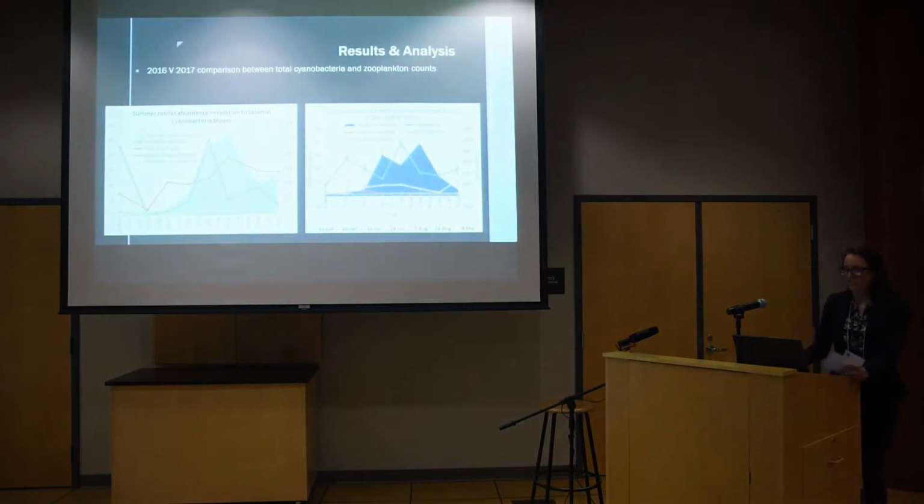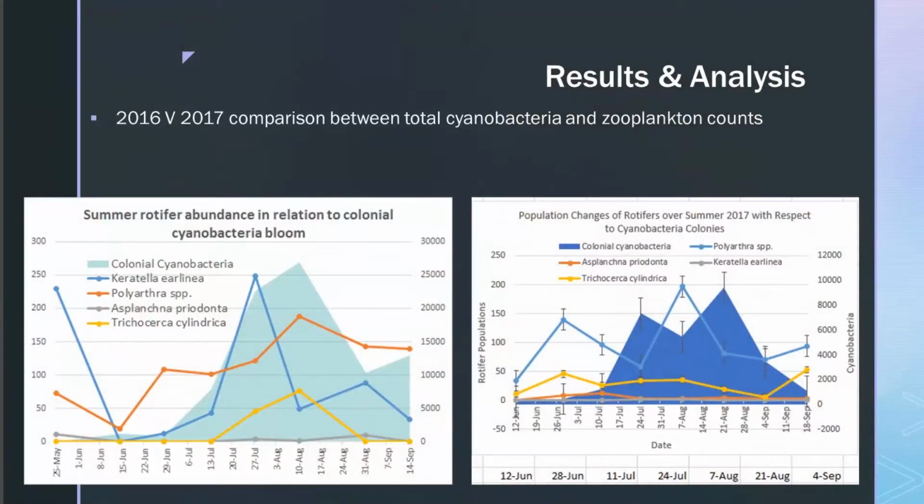And now we get to the results. Very interesting, very unpredictable because of the variability between the past year and this year. The numbers are kind of all over the place, like just this one goes up with the cyanobacteria, but that was Keratella, and this year the numbers are very small.